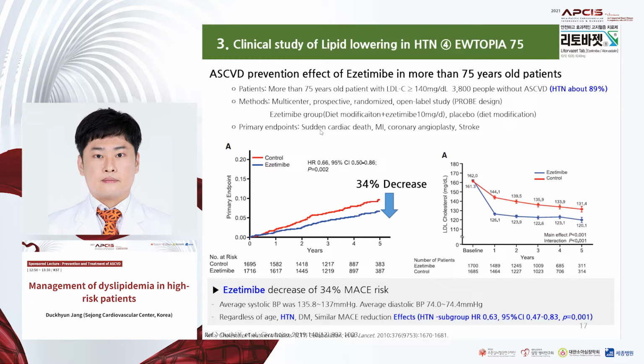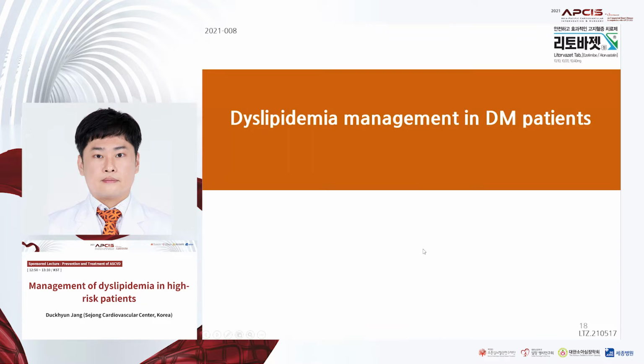The primary endpoint is the composite of sudden cardiac death, MI, coronary angioplasty, and stroke. The primary endpoint decreased by 34% in the ezetimibe group. And as you can see, LDL cholesterol was lower in the ezetimibe group than in the control group.